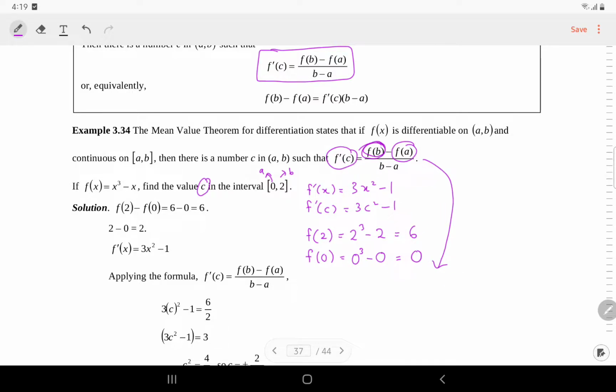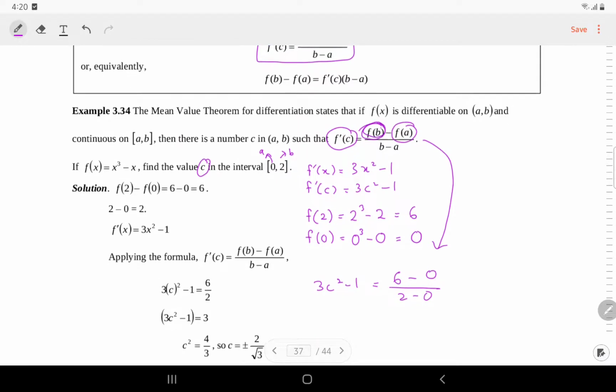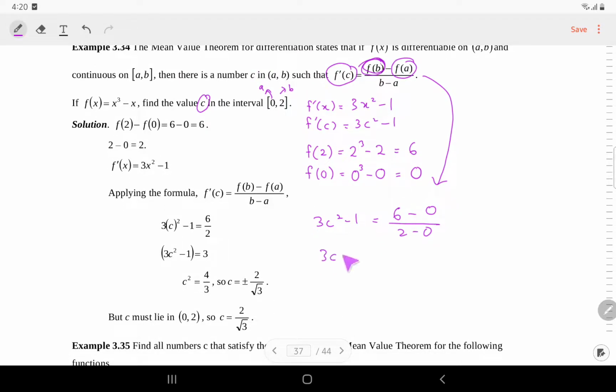So our f prime c is 3c square minus 1 equals fb. Our fb is here 6 minus fa is 0 over b minus a. Our b is 2, our a is 0. So 2 minus 0. So from here kita simplify. Okay, akan jadi kat sini jadi 3 lah.